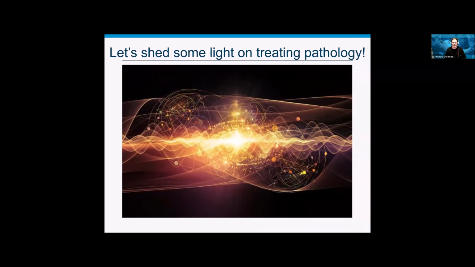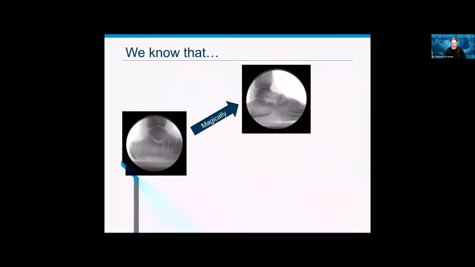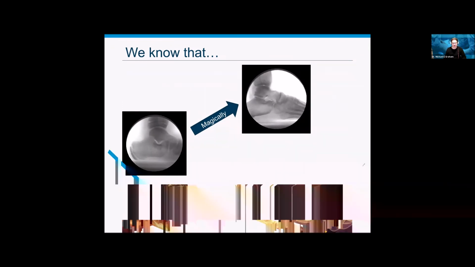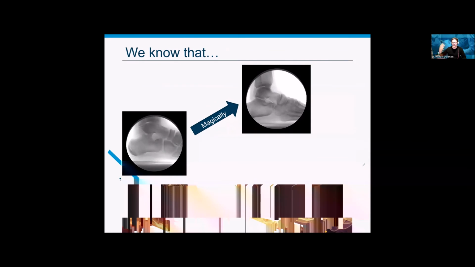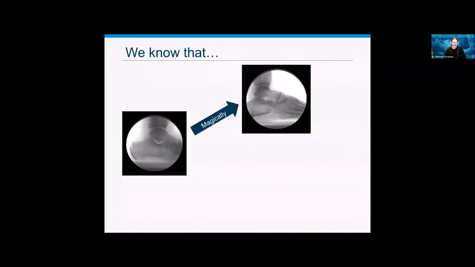So that's why we need to shed light on this and not just ignore this condition anymore. We should be done with that. Okay, so we're going through this whole time change now, this change in the world with this virus that's going on. The same thing needs to happen in medicine and orthopedics with foot and ankle pathology. We can't just ignore this condition any longer.